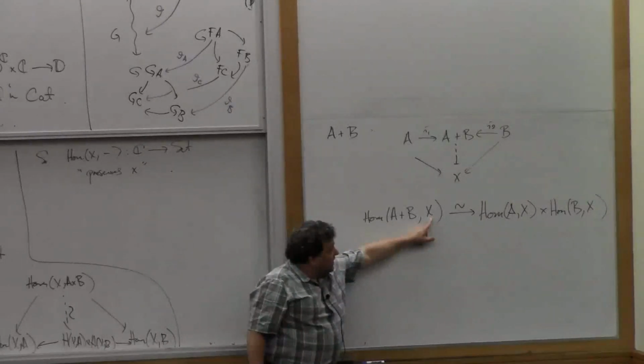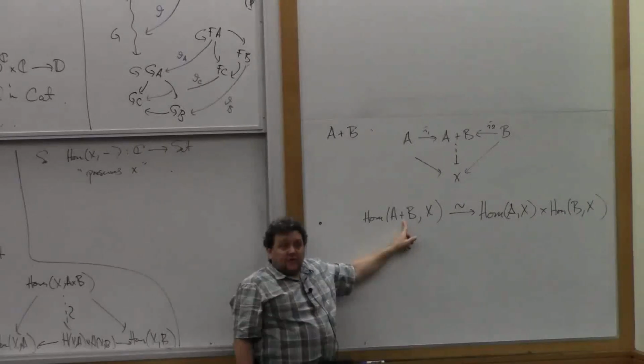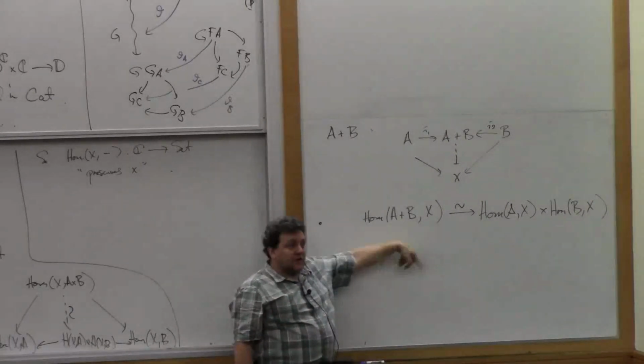So if you like, the contravariant representables, instead of preserving products, take coproducts to products.